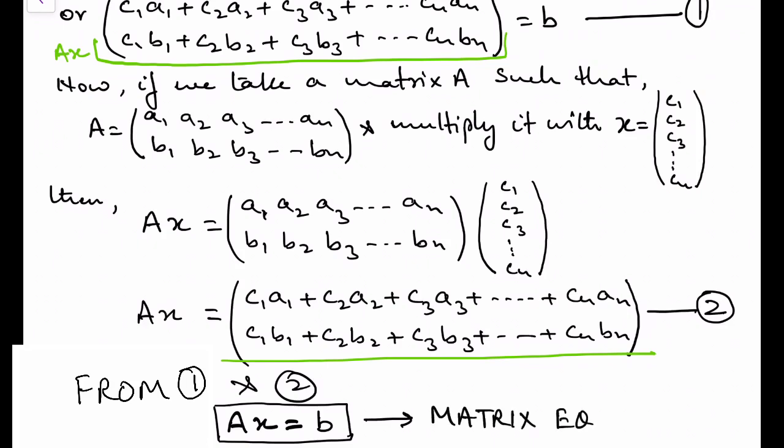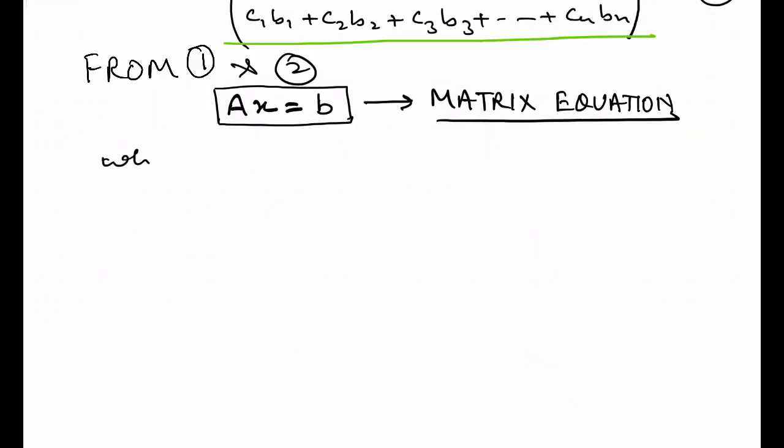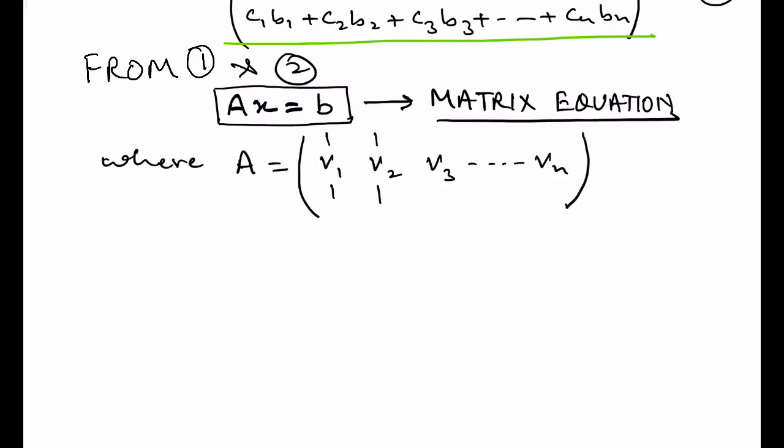This is in the form of a matrix equation, where each column of A represents a vector. So A is equal to [v1, v2, v3 up to vn], and x is equal to (c1, c2, c3 up to cn).